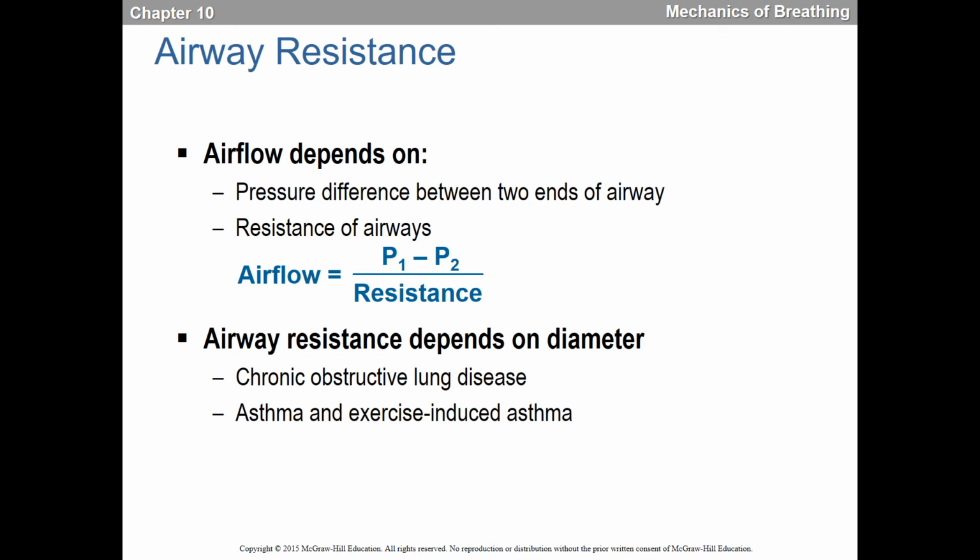Moving on to this next idea, airway resistance. So airflow depends on the pressure differences between the two different ends. So P1 just stands for pressure 1, and P2 pressure 2. And the resistance, so more or less the obstruction.